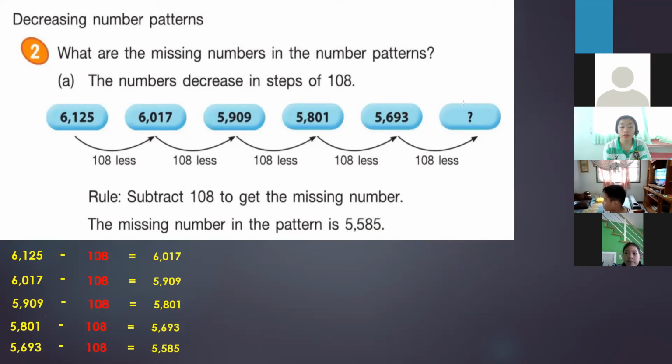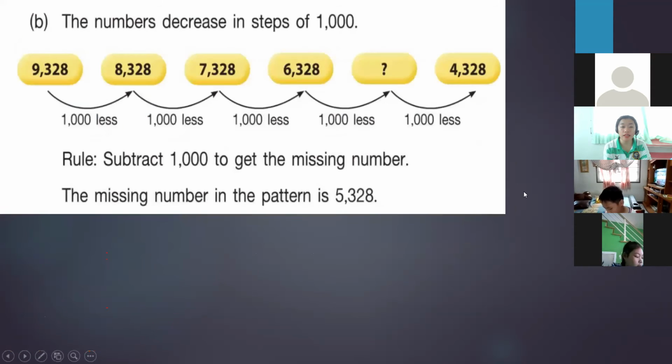Okay, very good. Let's proceed to the next one, letter B. On letter B, the numbers decrease in steps of 1,000. So the rule here is we're going to subtract, or minus, 1,000 to get the missing number.